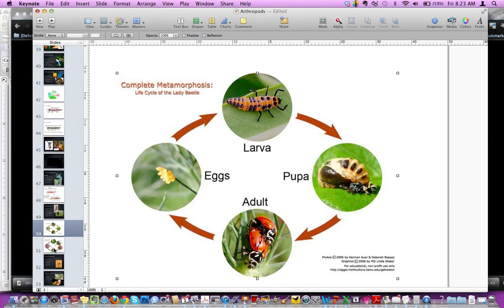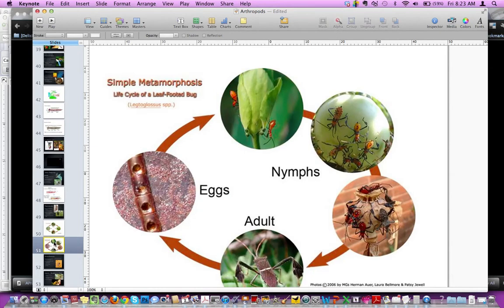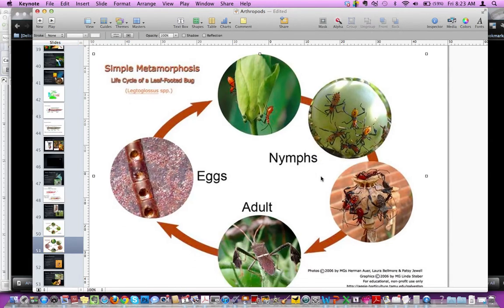Okay, so if we contrast this with incomplete metamorphosis, here it's known as simple, it's slightly different. And the way that this is different is because instead of having something that looks very, very different from the adult, maybe not even an insect, we have a smaller stage known as a nymph. We still start as an egg, and maybe even an egg case like what you saw earlier. But then the organism hatches and it becomes this little nymph stage.